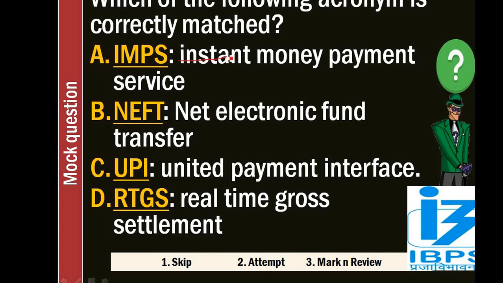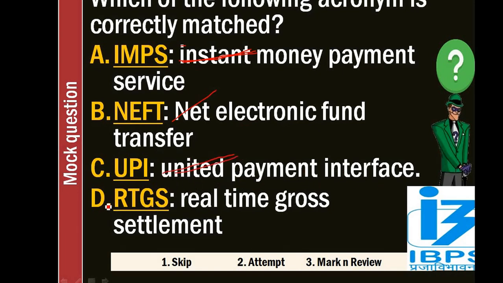So we have the question: which of the following acronyms is correctly matched? The first is IMPS: is it Instant Money Payment Service? Wrong, because it is not instant but Immediate Payment Service. Second, B: NEFT stands for Net Electronic Fund Transfer.